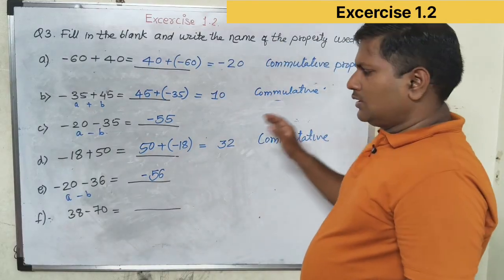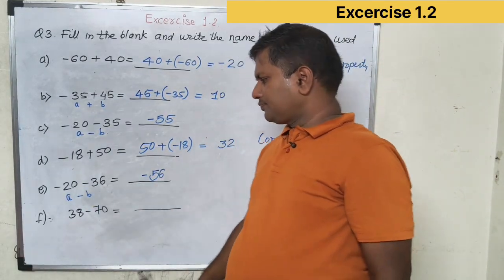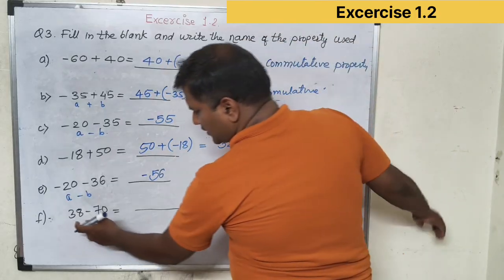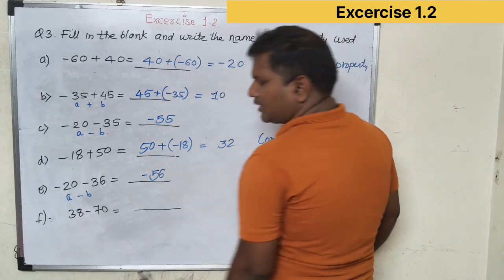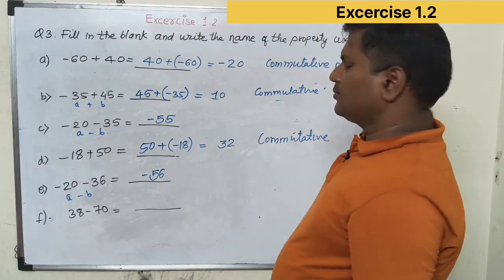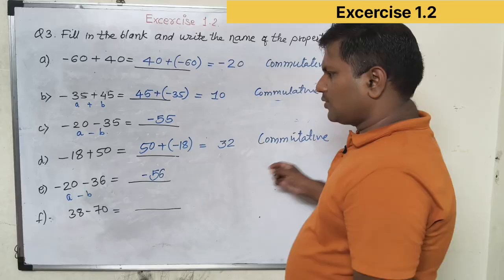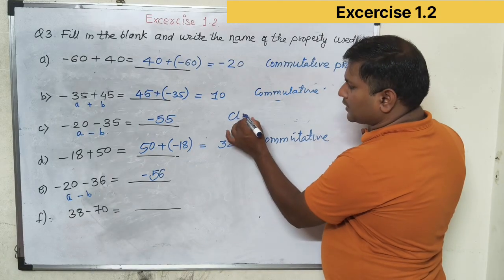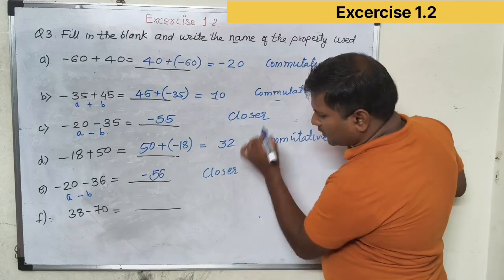Whenever you do subtraction, you have to be careful. Again here the sign is minus, that is subtraction, and this is not following the commutative property. It is A minus B, it is called the closure property.